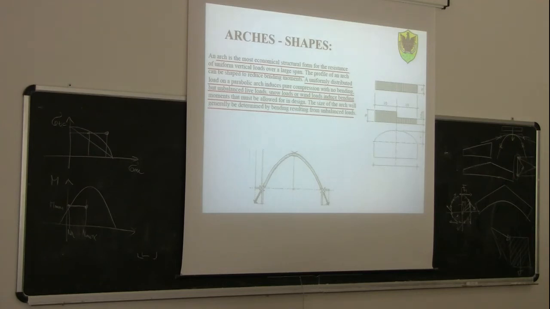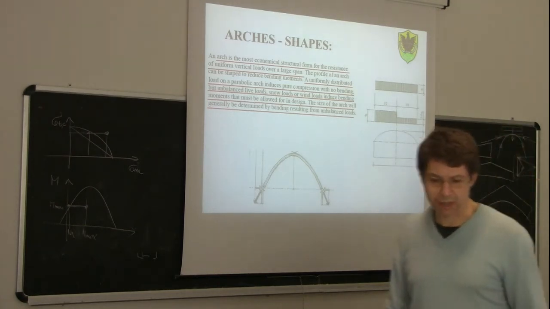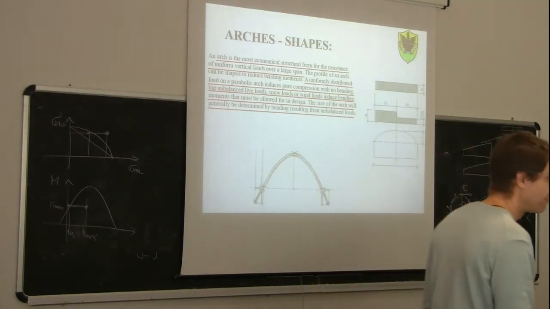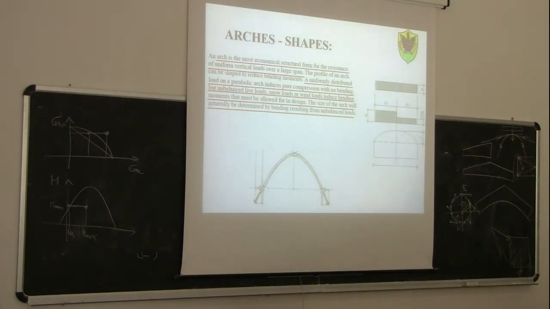So unbalanced loads. As you know, in which case can we have unbalanced loads? You remember? In your design. When you design, for example, your project, for which load conditions can you have these unbalanced loads?